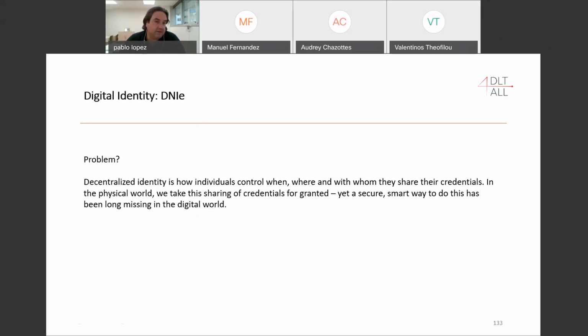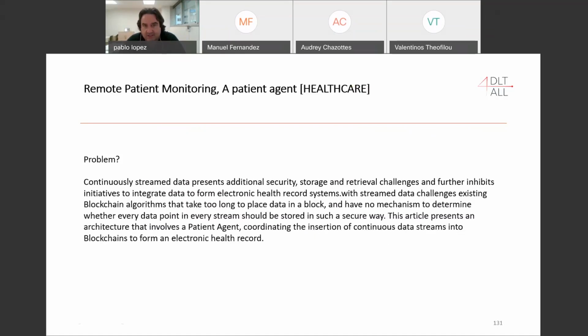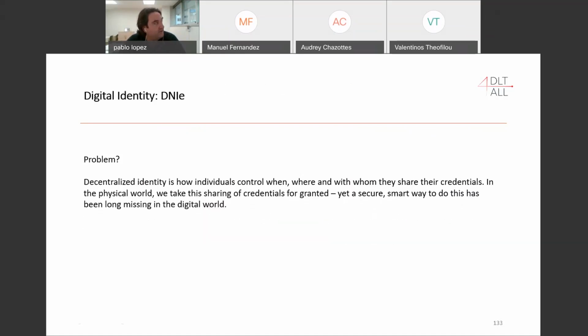Another one, the digital ID for excellence, the digital decentralized identity. It's the same point as here. We have different inputs of information about our identity.